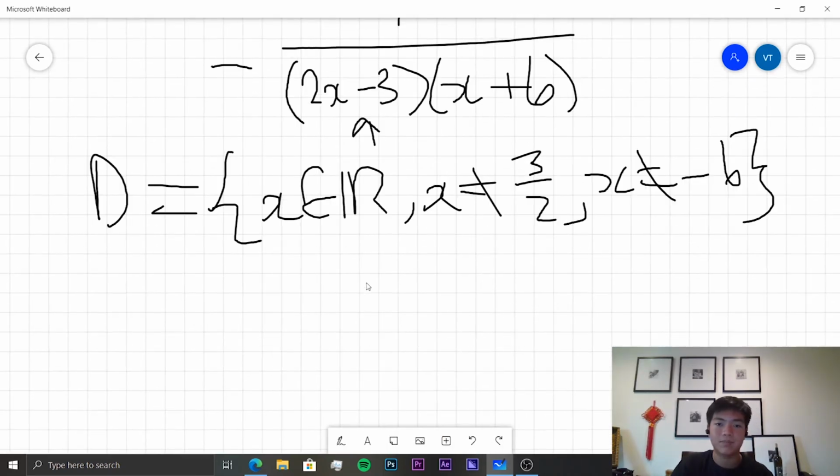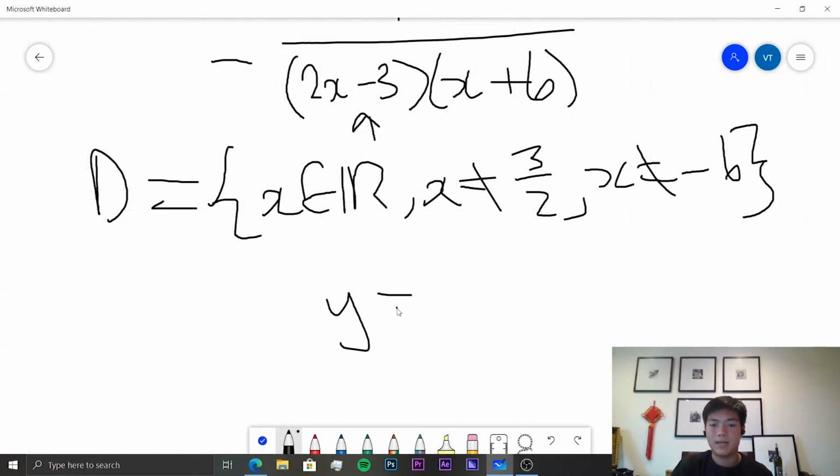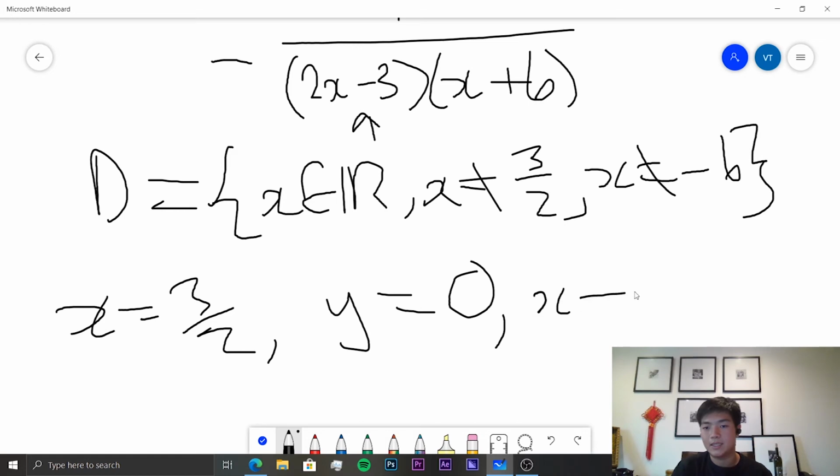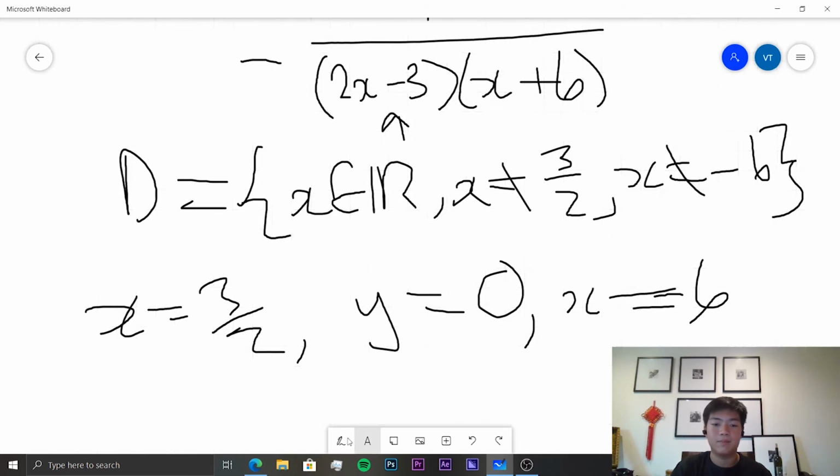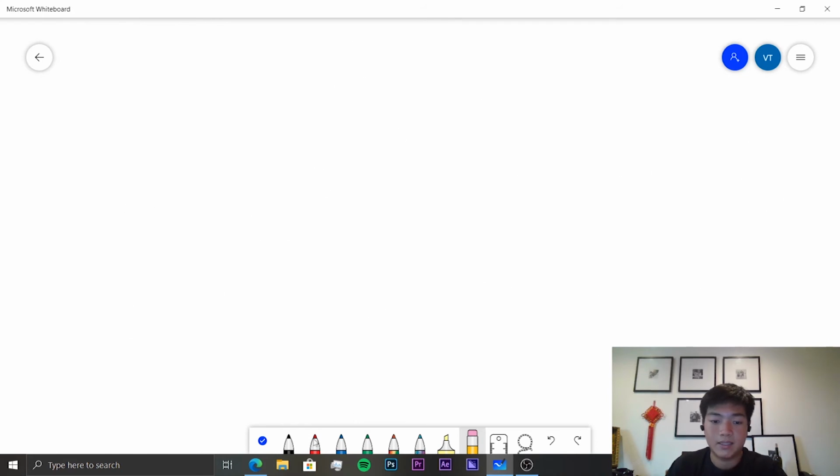The asymptotes would be x is equal to 3 over 2, y is equal to 0, and x is equal to negative 6. So, pretty standard problem, and let's go to the final problem of this exercise.